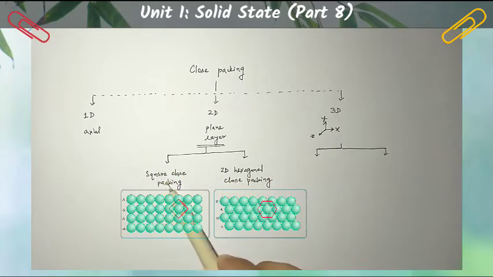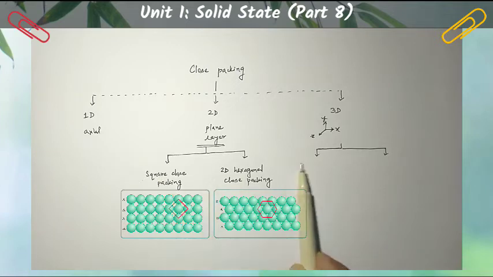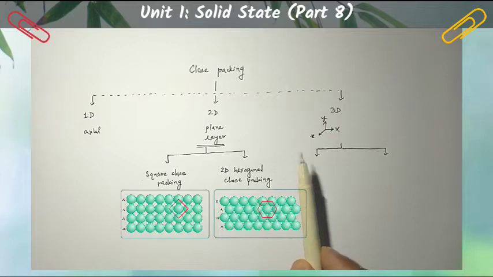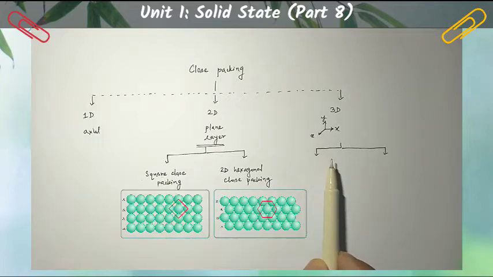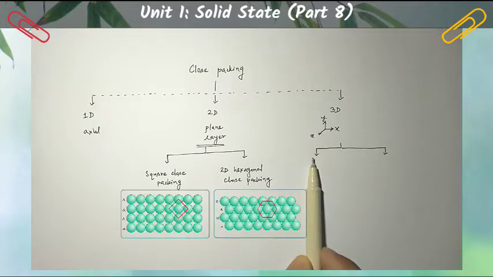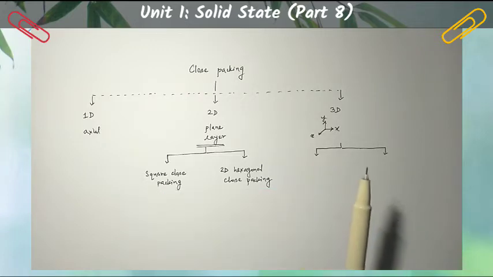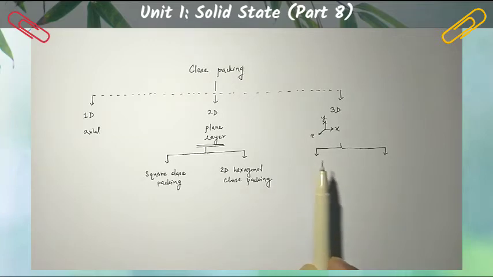If we use one layer of square close packing, then again we add another square close packing layer on the first layer, and again we add a third layer on the second layer. The spheres of the second layer are exactly over the first layer spheres, and the third layer spheres exactly over the second layer spheres.